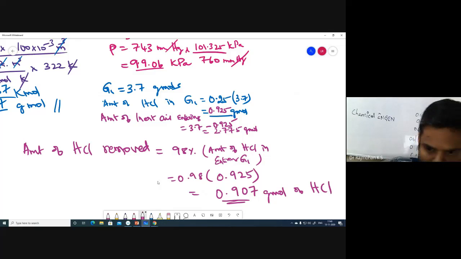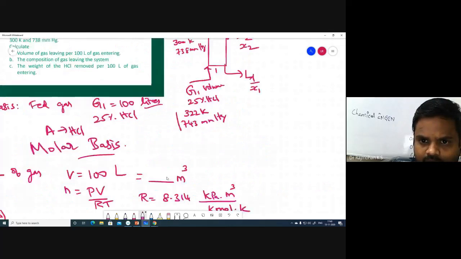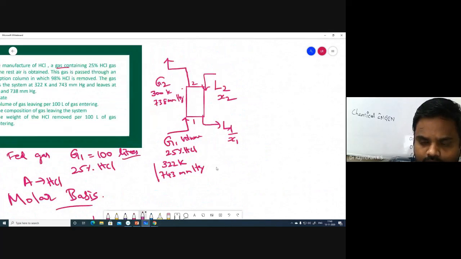Okay. So what is the amount of HCl present in the air that is leaving the system? We have drawn the block diagram, right? So 25% HCl amount is 0.925. Out of that 0.925, HCl removed is equal to 0.907. So then what is the amount of HCl present in this gas stream leaving the system? 0.925 minus 0.907.